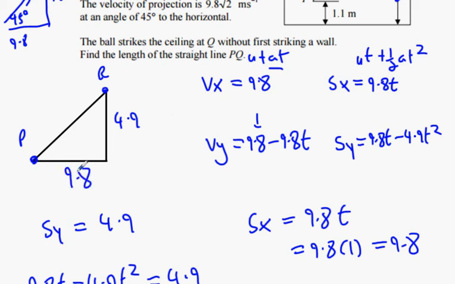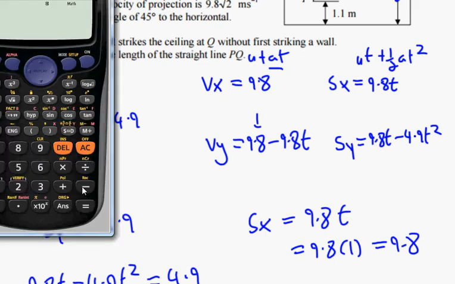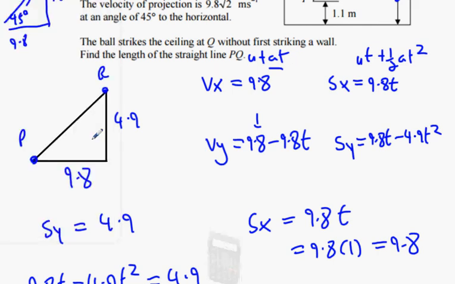We're then going to do Pythagoras' theorem: the square root of 9.8 squared plus 4.9 squared, which is going to be 10.96. And that there is your distance from P to Q.